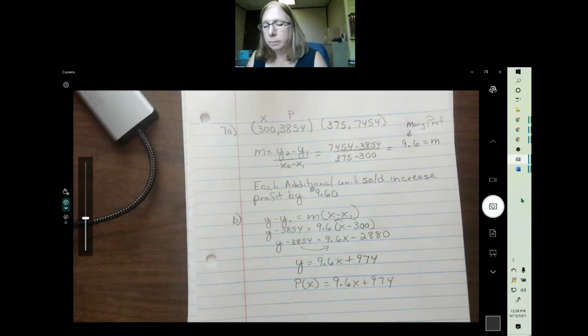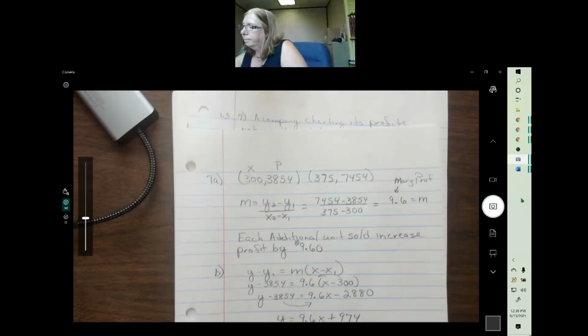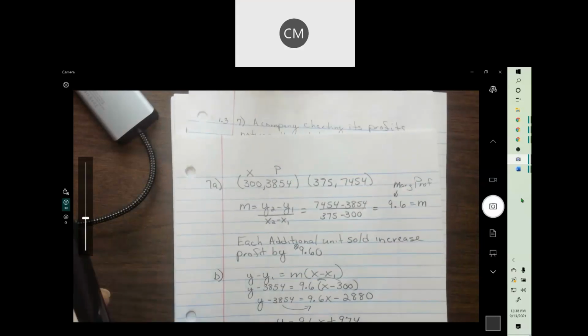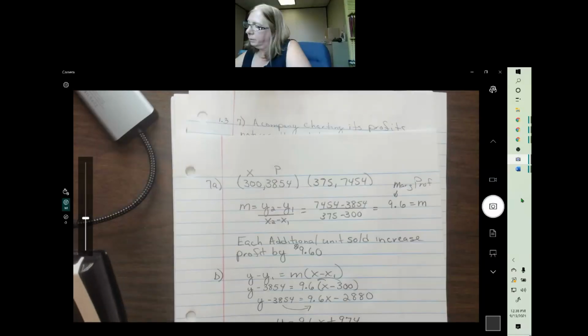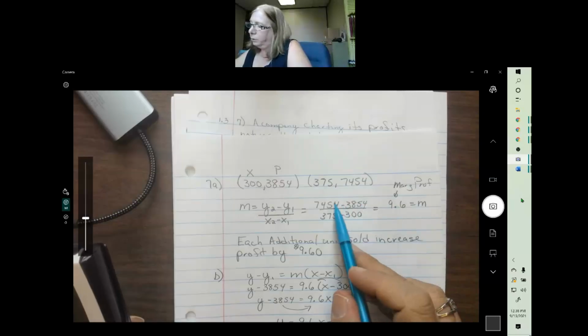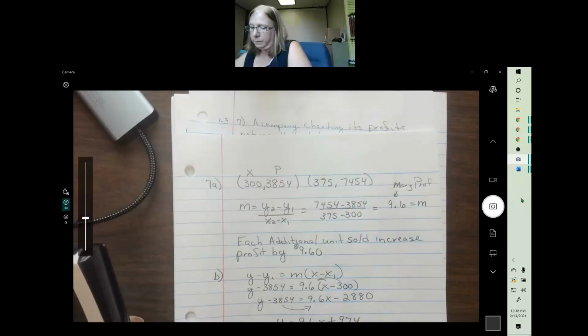How did she get $9.60? I got $48. Let me make sure I typed everything in right. 74.54 minus 38. So when you subtract these, you get 3,600 divided by 75.